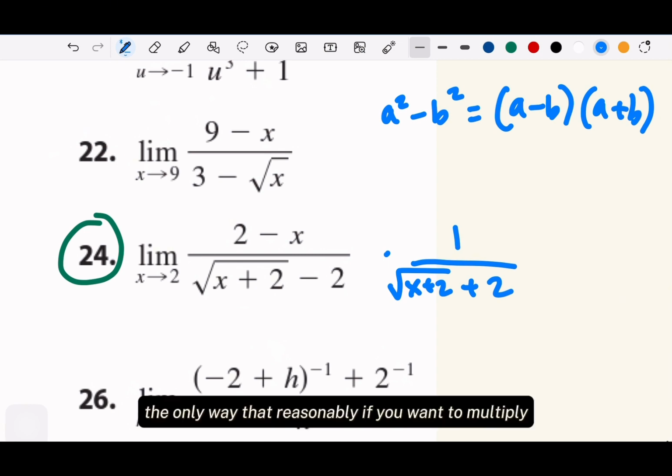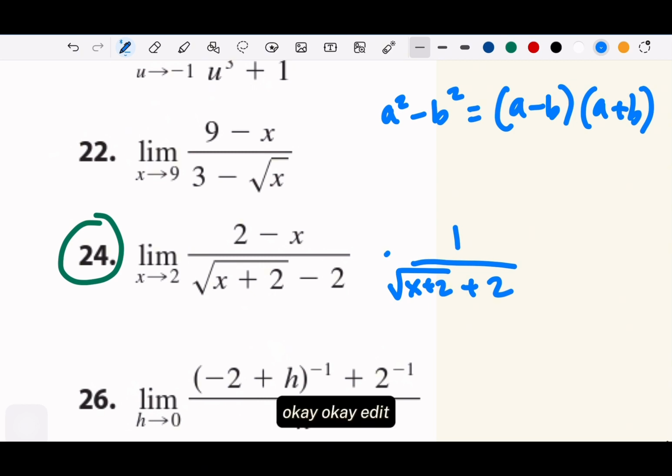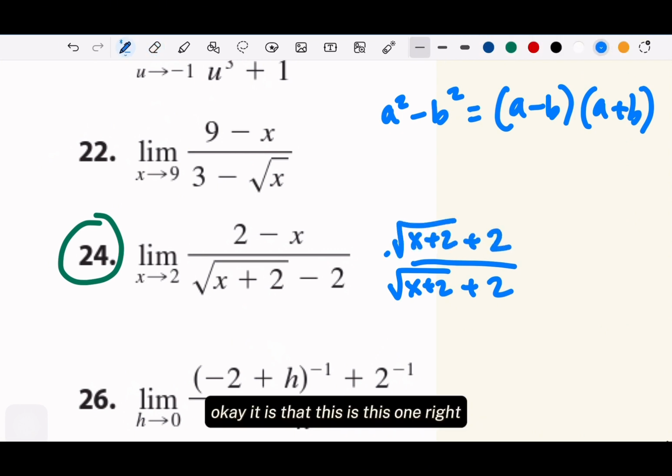The only reasonable way, if you want to multiply, is to also write the same thing on the bottom. Okay? Get it? It means that this is just one, right? Same thing, just one.